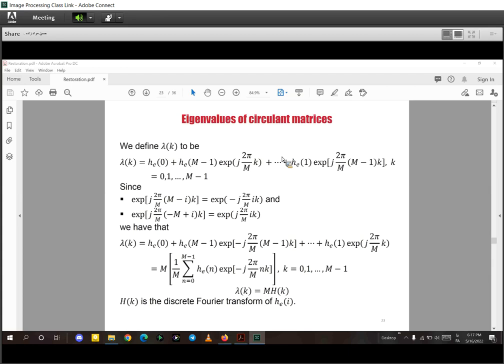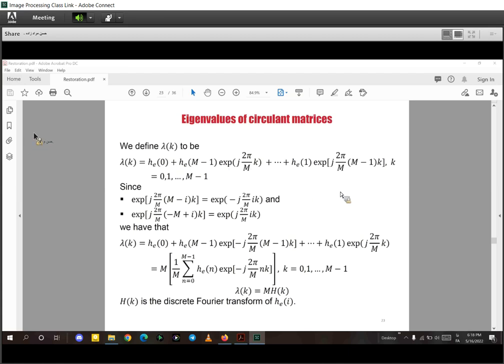This is for example exponential of j2π m plus 1. Okay, this is for example H e0, exponential of j2π m dot 0 dot k. Okay, E power is 1.